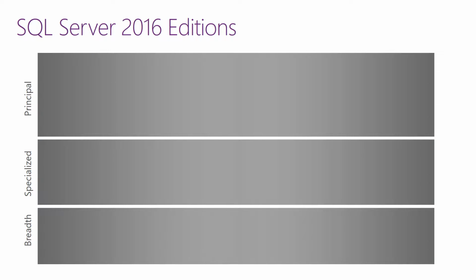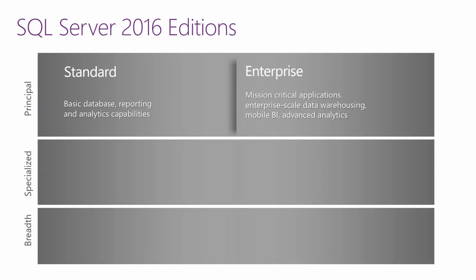Let's look at the different editions of SQL Server 2016 that are available. The top row is the editions that most businesses will choose to deploy, so Standard or Enterprise Edition. An IT manager typically looks at the functionality of the edition before deciding which one's right for him, and here the functionality increases as you go through the editions. So the higher edition includes all the functionality of the previous edition.